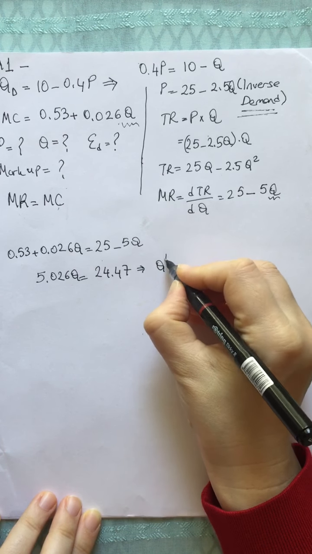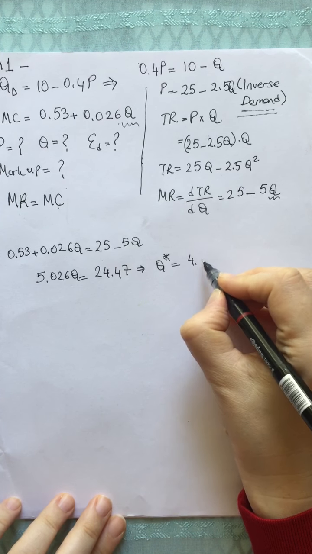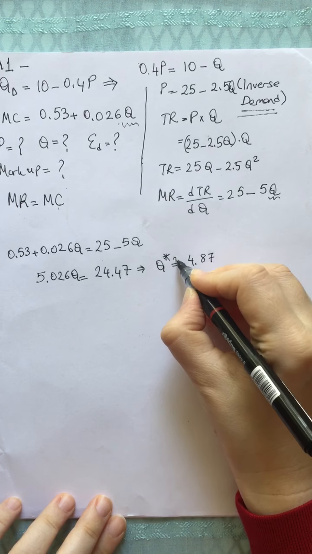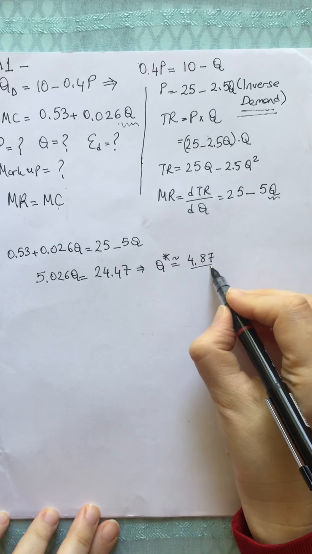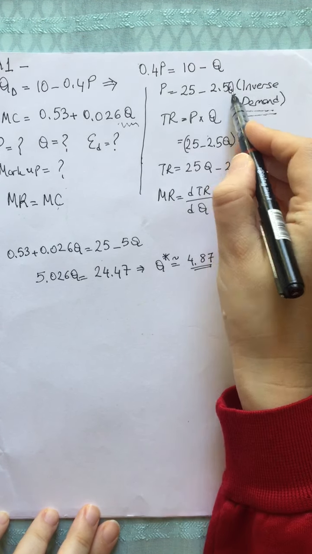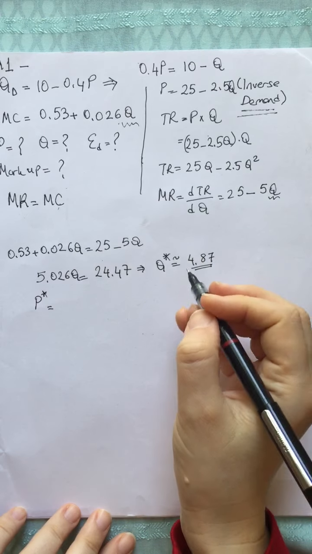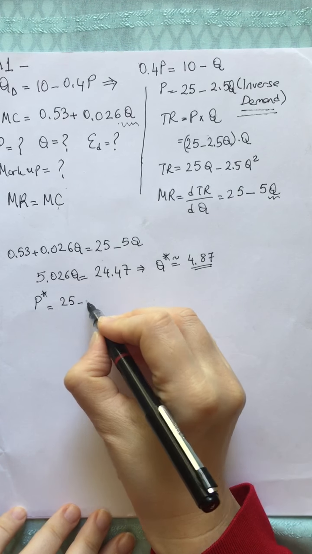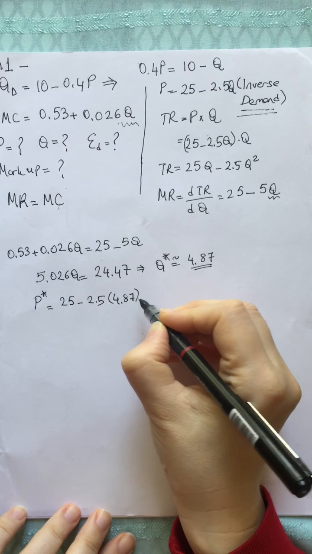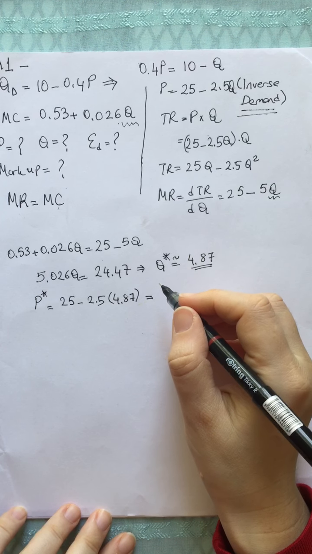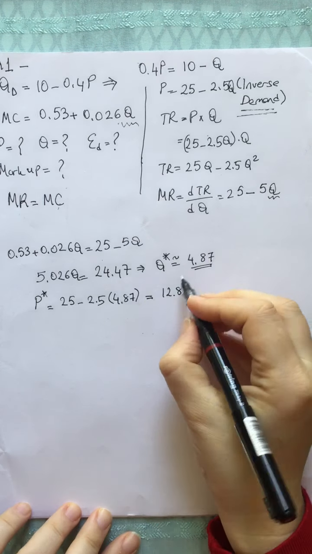From here, the profit maximizing level of output can be found as 4.87 approximately, of course. And to find the price, we need to substitute that value into the inverse demand function. So P star, the profit maximizing price for the firm, will be 25 minus 2.5 times 4.87, which is 12.83.